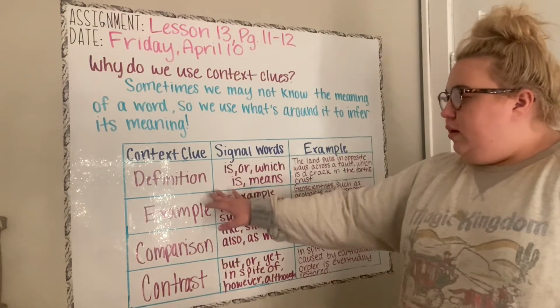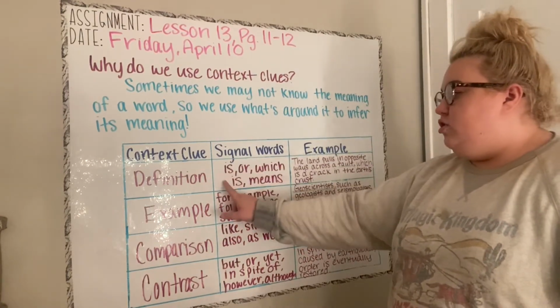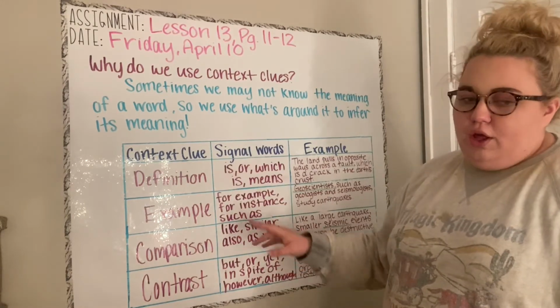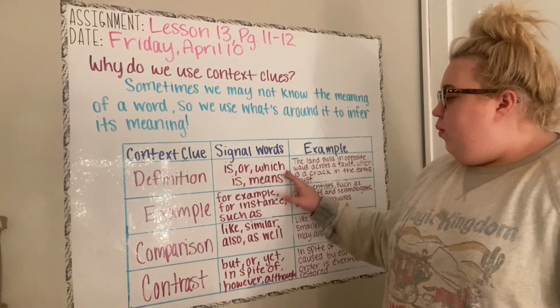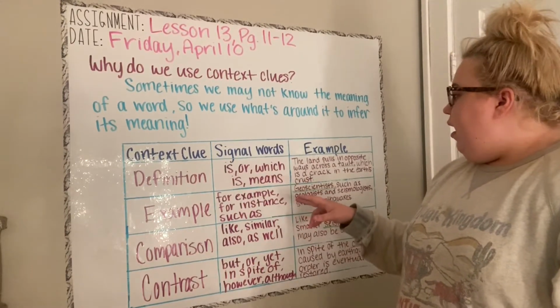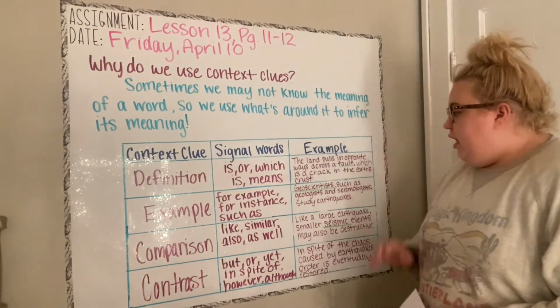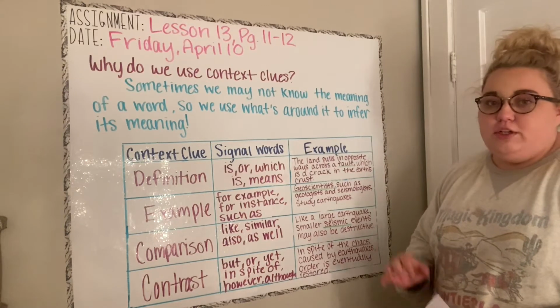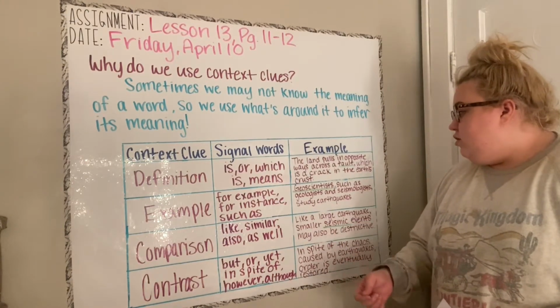The first one, definition, is the most direct way that they're going to tell us, because it's just telling us the definition of the word. Some of those signal words would be is, or, which is, or means. In the example on your chart, it says, the land pulls in opposite ways across a fault, which is a crack in the Earth's crust.